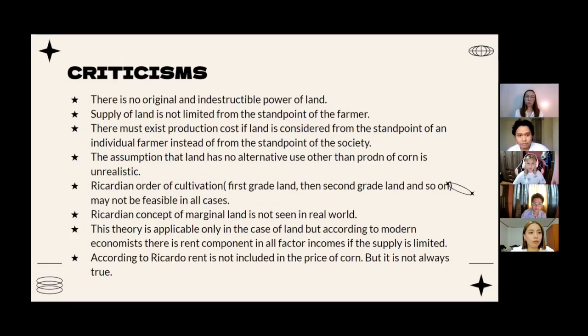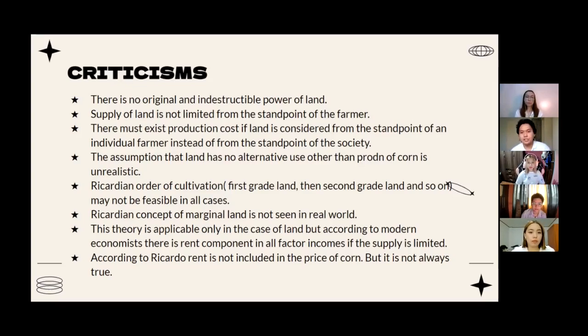Some criticisms of the Ricardian theory of rent. There is actually no original and indestructible power of land. The supply of land is not limited from the standpoint of the farmer, and there must exist a production cost if land is considered from the standpoint of an individual farmer instead of from the standpoint of society.